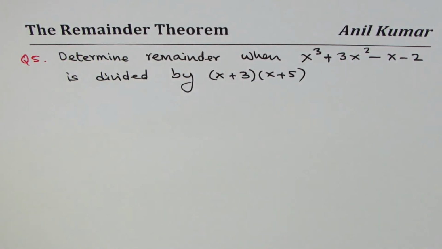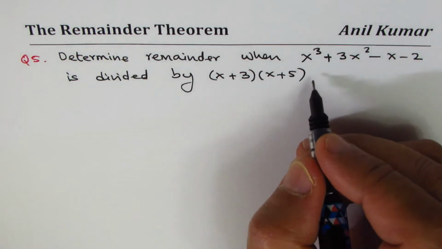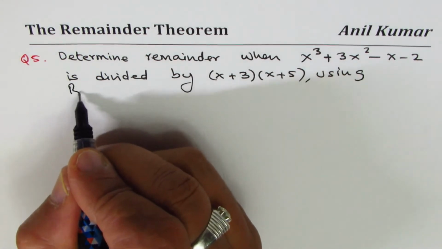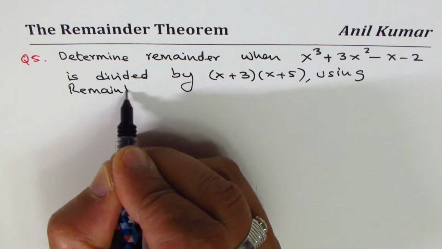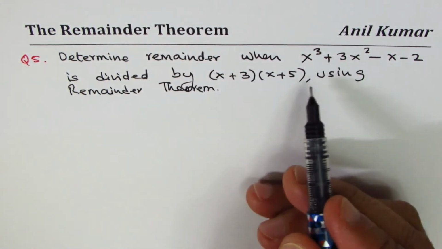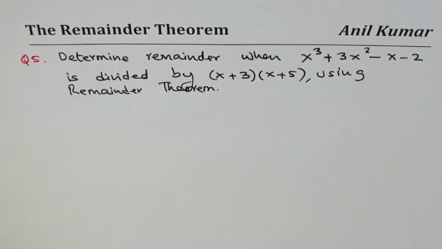Now how are you going to solve this using remainder theorem? You can always do long division and find the remainder, but how are you going to apply remainder theorem to get the solution of this question? That's the question for you. You can pause the video, answer the question, and then look into my suggestions, right?